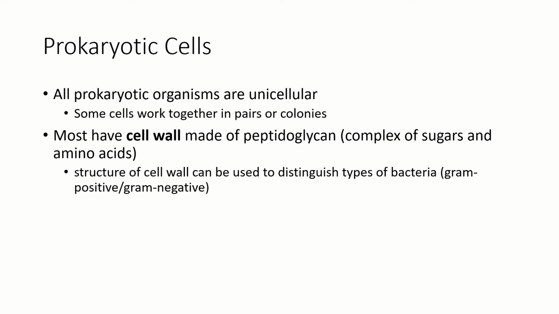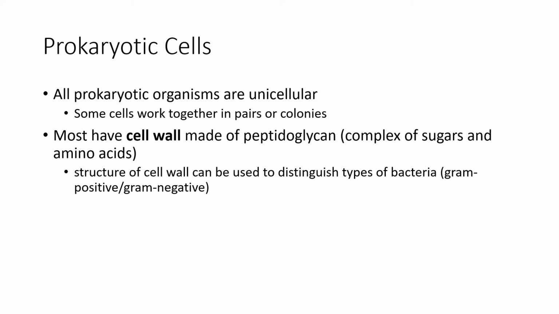It surrounds the plasma membrane, and it's different molecularly. It's called peptidoglycan, is the molecule that it's made up of, which is a complex molecule made up both of sugars and amino acids.